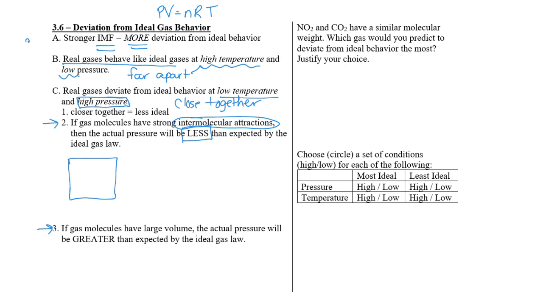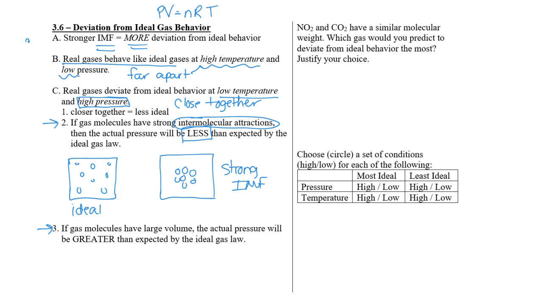If we're talking about ideal gas behavior, maybe my gas molecules are all kind of evenly spread out in the container. But if they have strong intermolecular forces, then those molecules will all be closer together.